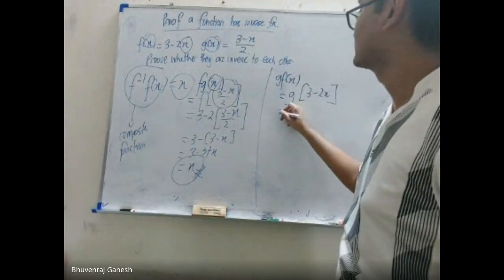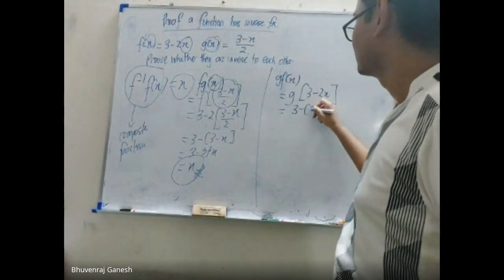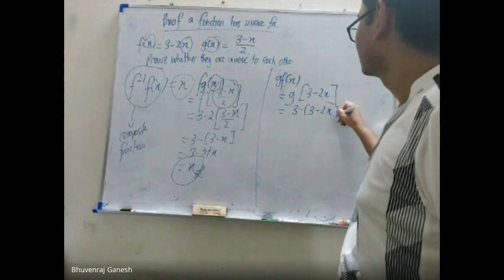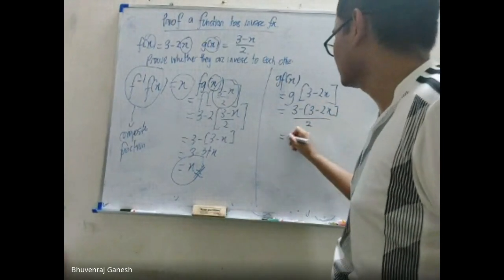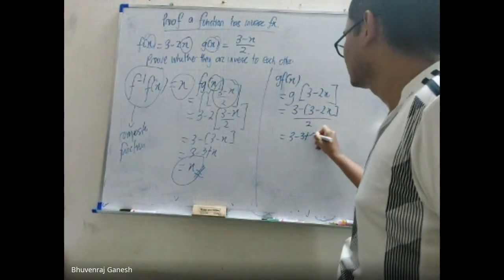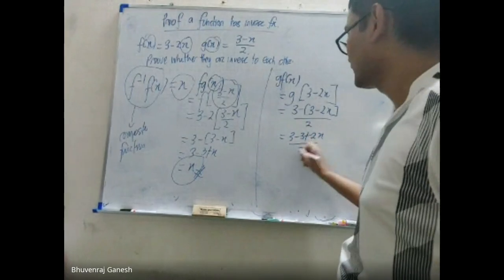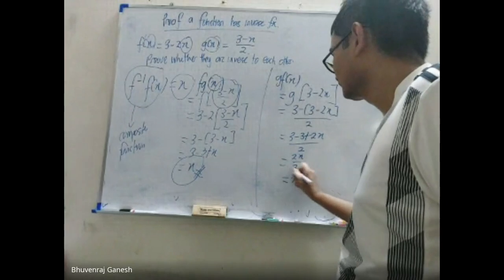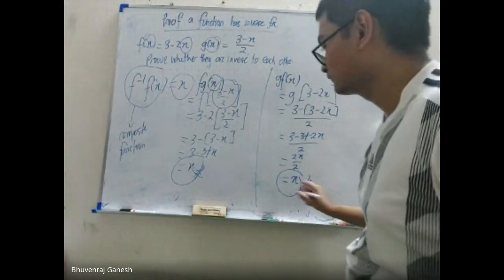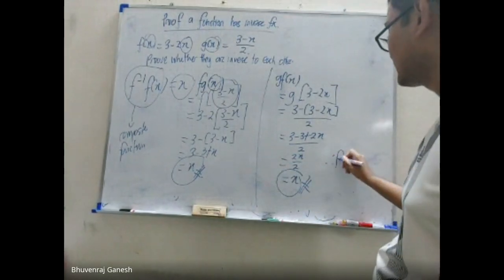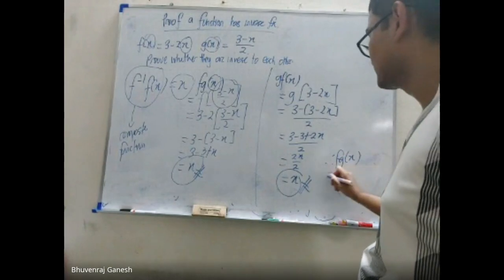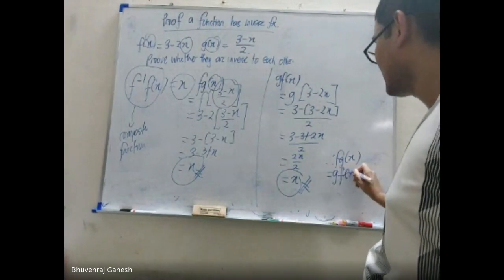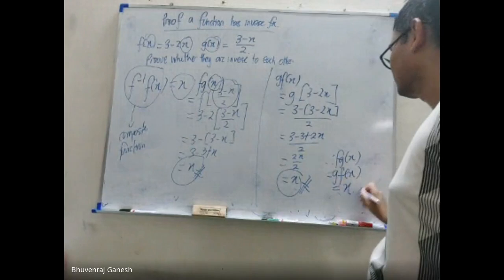So you sub this inside the x. And then you solve. You get 2x over 2, which is x also. So this proves that fg(x) is gf(x), and both of them are equal to x also.